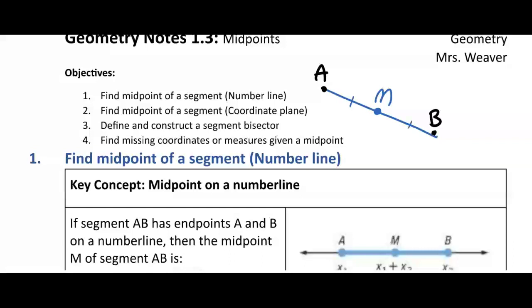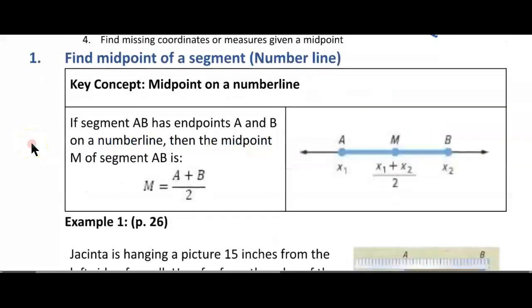Right? Now, on a number line, the midpoint is simply the average of two values. Remember when we have an average, we are adding the two values and dividing by 2. So we are taking our two coordinates, adding them together to find an average, and dividing by 2.